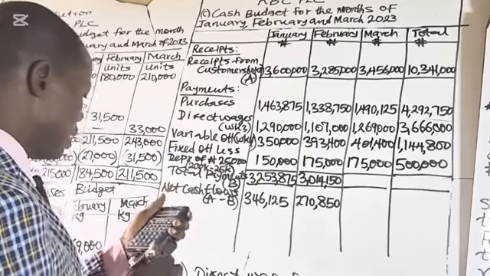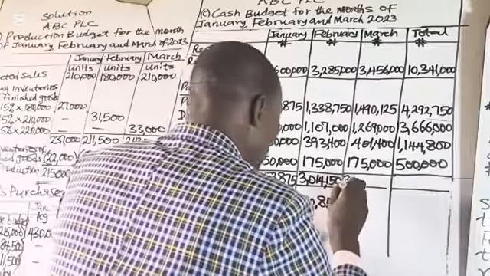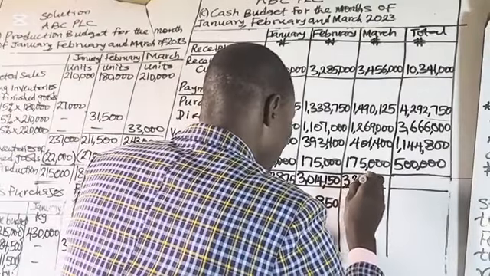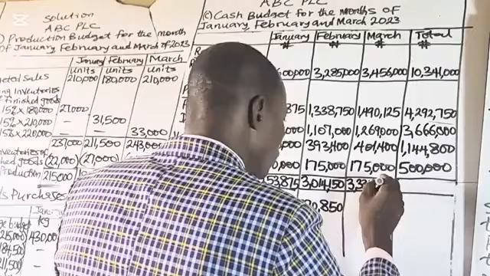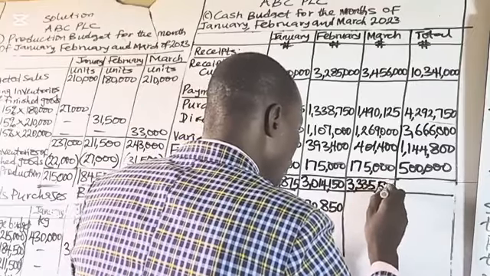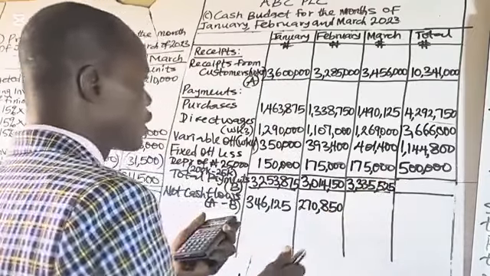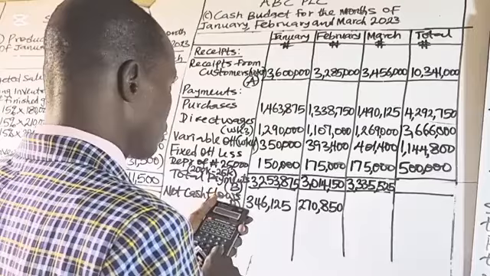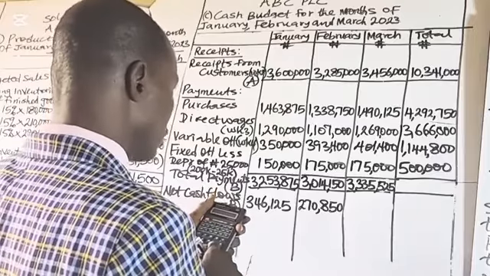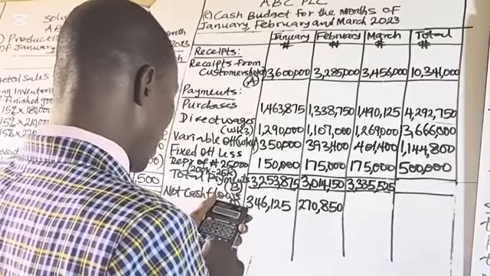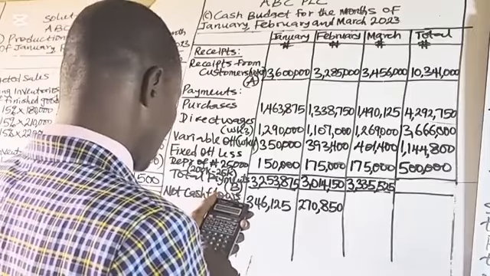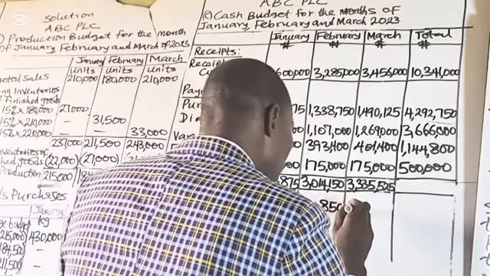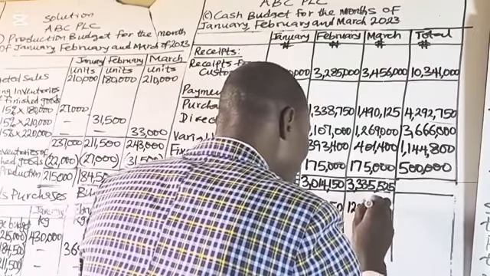So the payment items are totaled 3,335,525. So if you subtract it from the receipts of 3,456,000, we have 120,475.